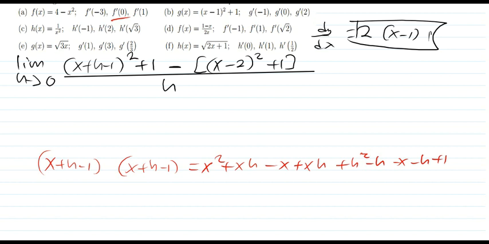So what are we going to have? If we simplify this, x squared, x, this and this can be added. We'll have 2xh. X and this and that can be added. We'll have negative 2x. Then h and h can be added. We'll have negative 2h, because this h and that one. Then plus h squared plus 1. Now this one, the way we simplified it, that was just okay.